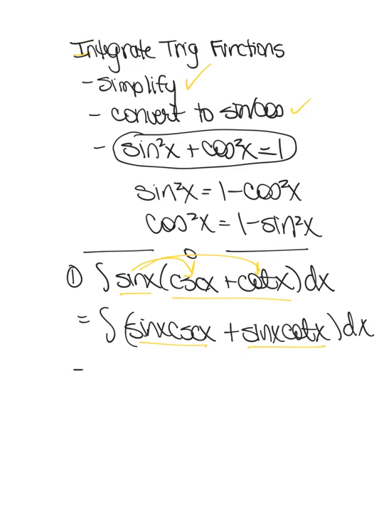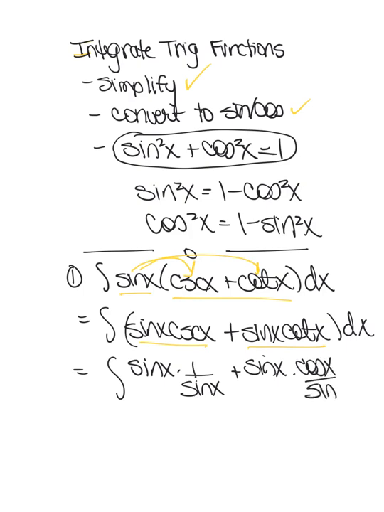So this then becomes the integral of the sine of x, then by definition the cosecant of x is going to be 1 over the sine of x, so we'll replace that with 1 over the sine of x. Then my second term is the sine of x, and when we change the cotangent of x to sines and cosines, we get the cosine of x over the sine of x.